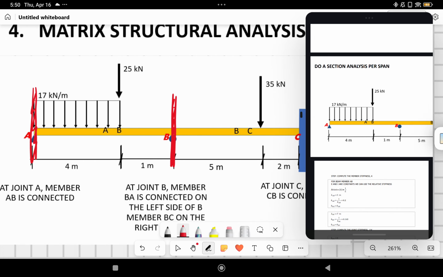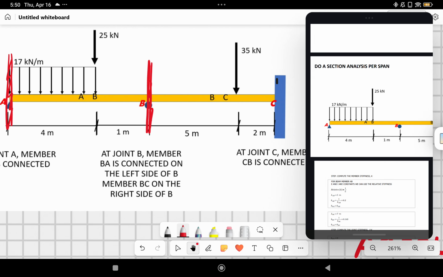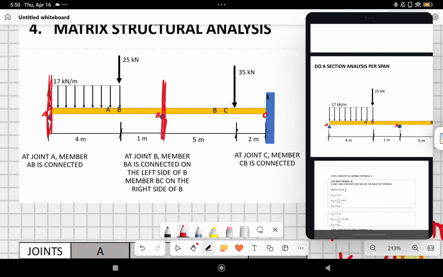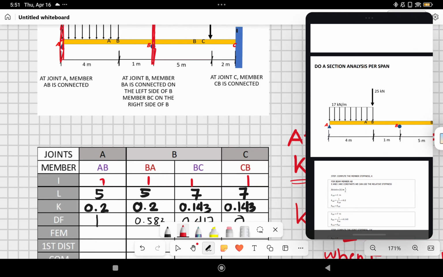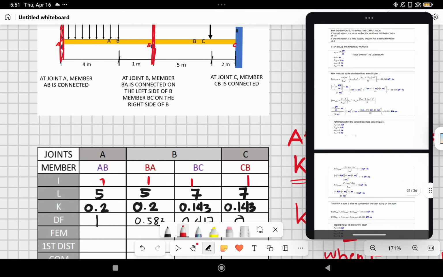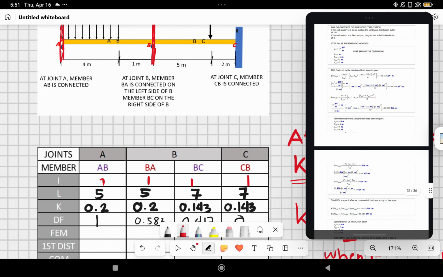Kapag fixed-ended dyan, magkahiwalay na sila. Nag-terminate na sila. Okay, so yun yung gagawin natin. Pinapa-assume sa atin if na-fix yung bawat member sa dulo, sa bawat end nila. Okay, if nangyari yon, we should apply the formula of fixed end moments.